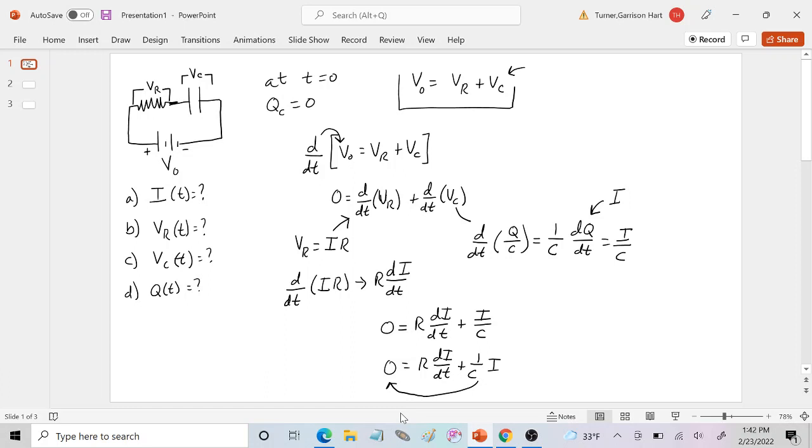So we would get negative 1 over C times I. And that means R dI/dt is equal to negative 1 over C times I. Okay? And now I've got a differential of I, and I have an I, so let's group those together. And then let's put everything else on the other side. And so when I do that, I'm going to get dI over I is equal to negative dt over RC.